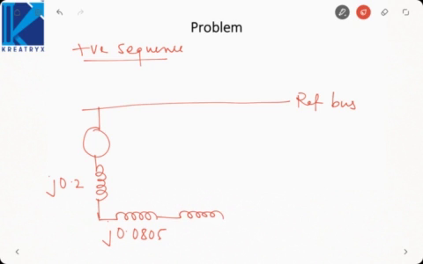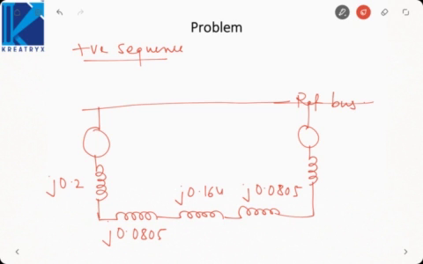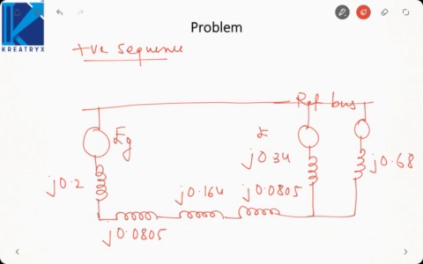Then the transmission line, then again a transformer. Then there are two motors connected in parallel. A motor has an equivalent circuit the same as that of a generator, with reactances J0.34 and J0.68. This is the generator EMF, this is motor 1, this is motor 2. So this is the positive sequence network.